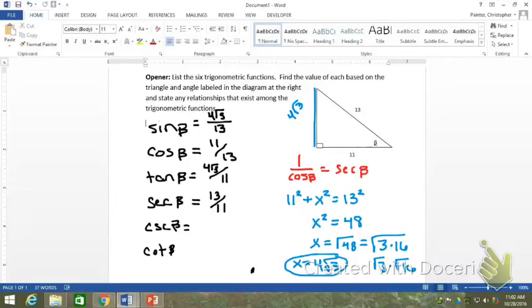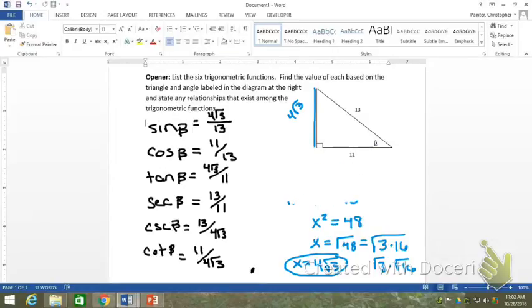Yeah, so it's going to be 13 over 4 roots of 3. And then cotangent is going to be what, Colton? Well, the reciprocal of tangent. So it's going to be 11 over 4 root of 3. And now we have every single one of these values.